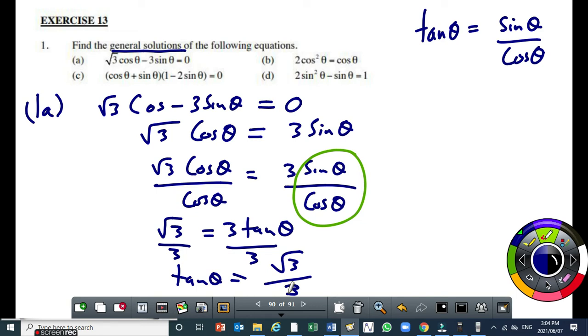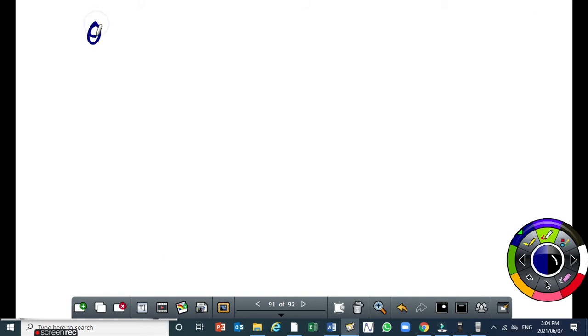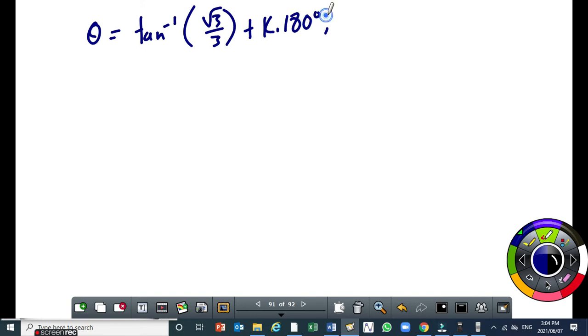I need to find the general solution. So this becomes theta equal to shift tan of square root of 3 over 3 plus k times 180, where k is an integer.